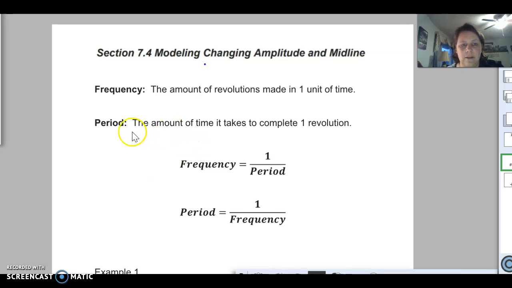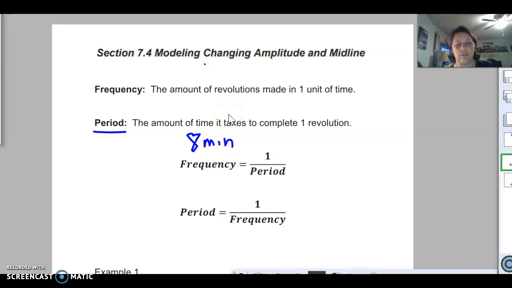We know with period, we've talked about this plenty of times. Let's think back to our Ferris wheel. If we were talking about the period, we would want to know how long it takes to make 1 revolution with that Ferris wheel. Well, a common time that we worked with was 8 minutes to go completely around that Ferris wheel 1 time.